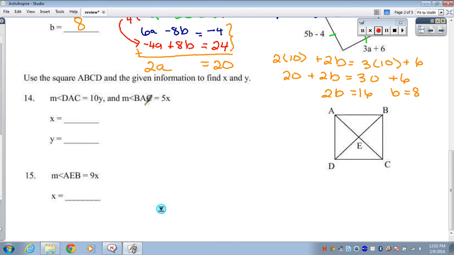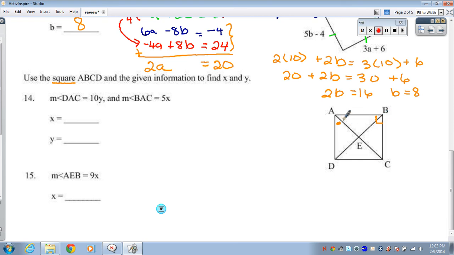Number 14. Use the square ABCD and the given information to find x and y. Angle DAC is this angle right here, equals 10y. This is a square. A square is both a rectangle and a rhombus. Therefore, each of these angles is 90 degrees and the diagonals bisect the angles.